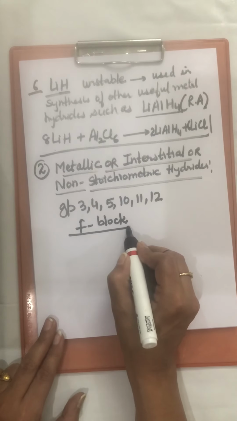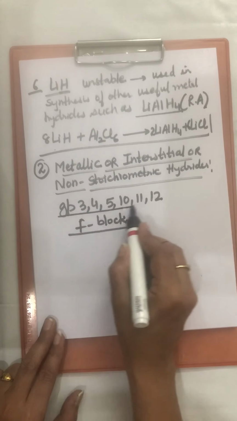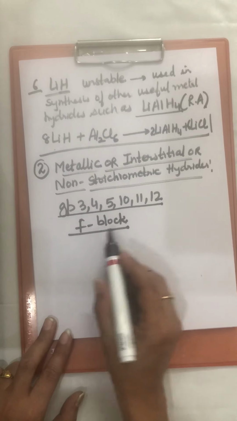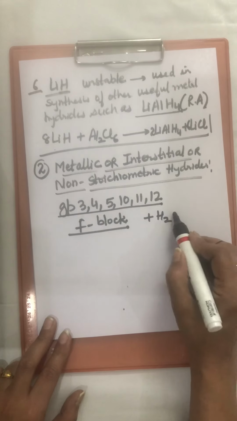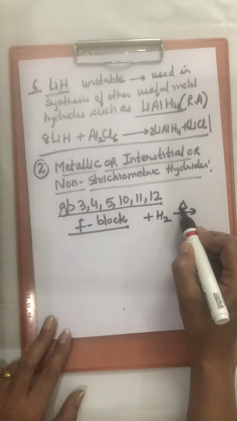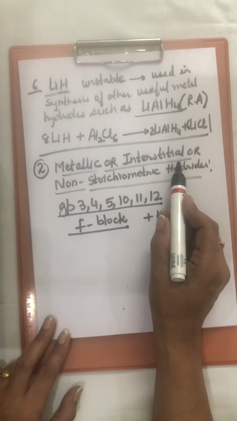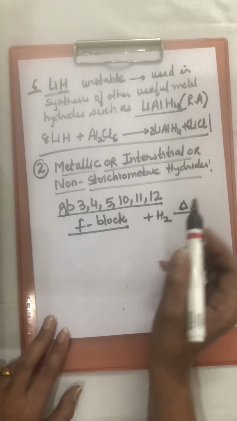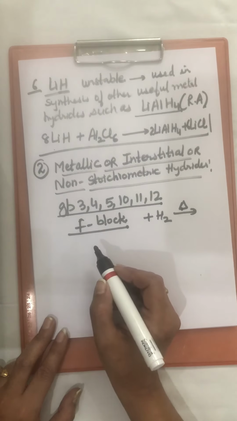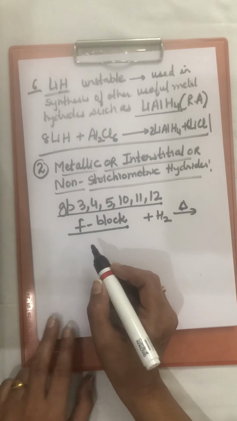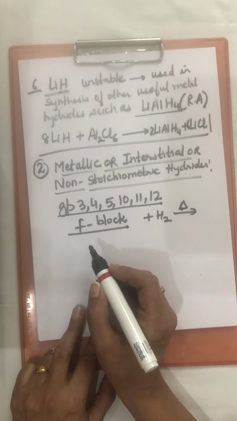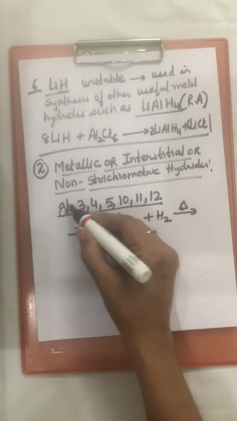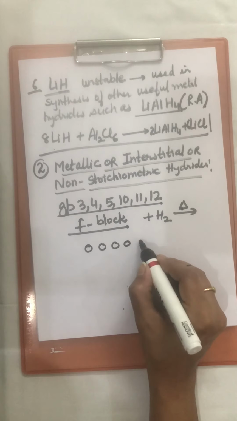By some of the D block elements and by the F block elements, when these are heated with hydrogen, we get metallic or interstitial or non-stoichiometric hydrides. The hydrogen atom in these hydrides occupies the holes in the metal lattice. Like this is the metal, any metal of these groups or F block, these are metal atoms.